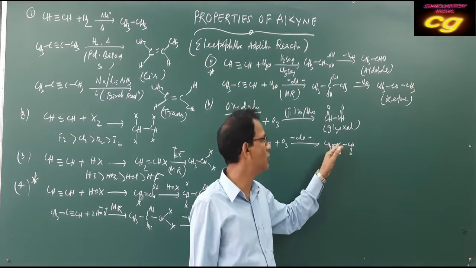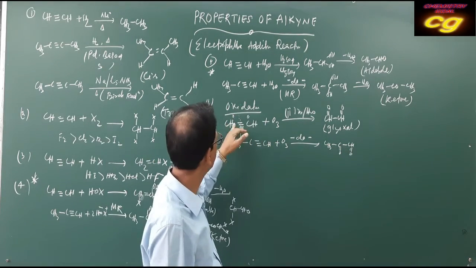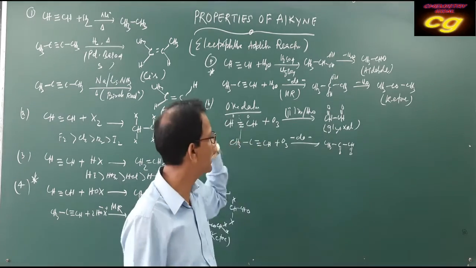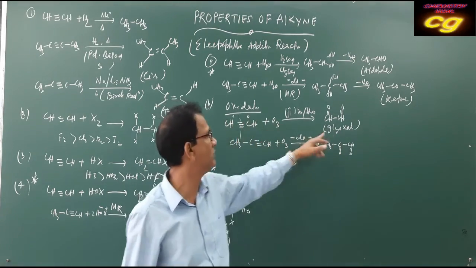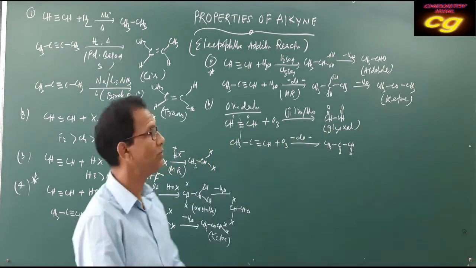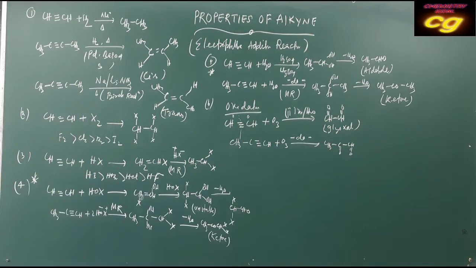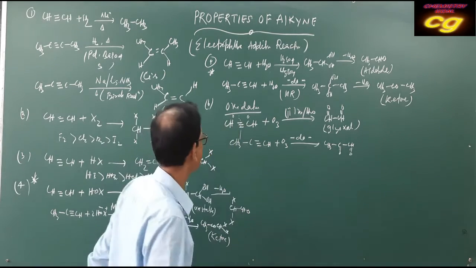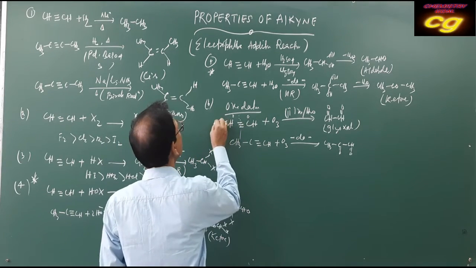Both aldehyde and ketone groups will be there, because the result is just the addition of oxygen. Everything is the same, addition of oxygen, only the triple bond becomes a single bond. So remember this very important difference between the addition reaction of ozone with a triple bond, that is the oxidation of alkyne. And this is one type of oxidation.